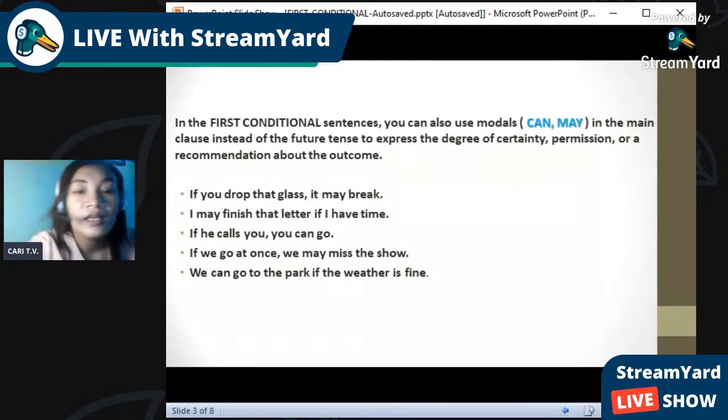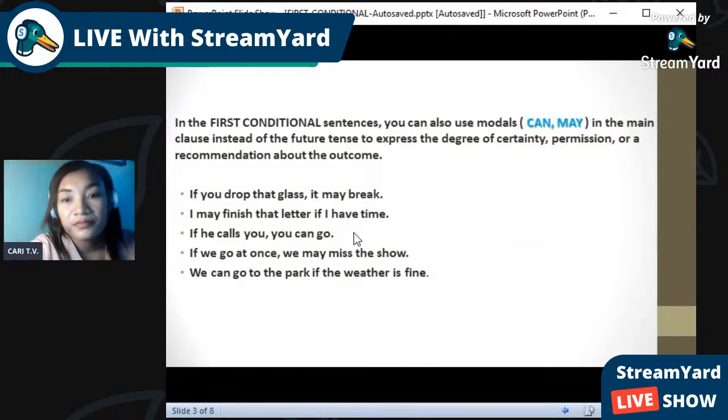So as you can see, we have the if clause: the conjunction if, the pronoun you, the main verb drop that glass. Drop what? The glass. It or the glass may break. And still, this is the first conditional. It's not only will or shall.